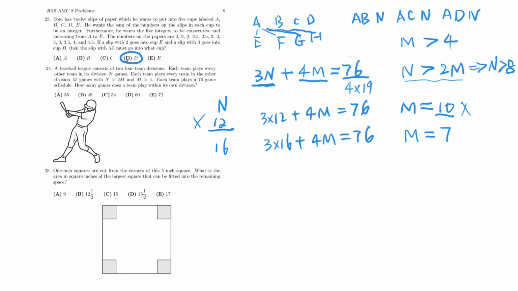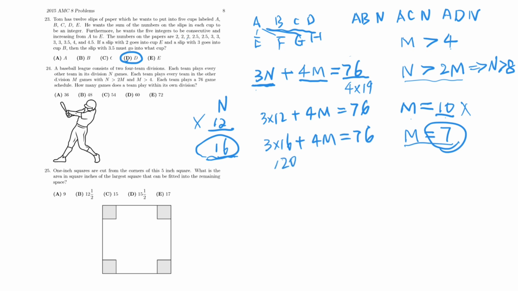M equal to 7 and N equal to 16. So M greater than 4, it's okay. N greater than 2M, 2 times M is 14. So N is greater than 14. So this pair is good, 16 and 7. And still we will see if we have other pairs.